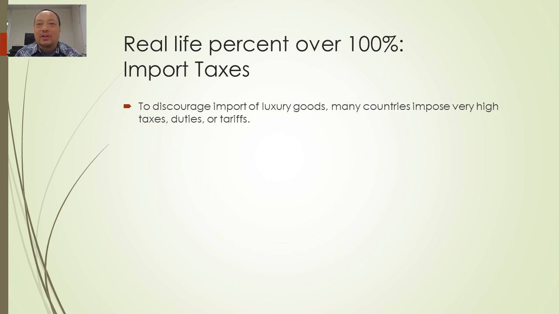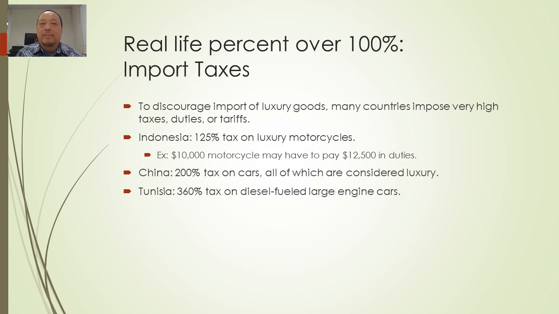They call it a tax, they call it duties, excise, tariffs, whatever. But at the end of the day, it's money that you have to pay the government to import luxury goods. And there are many countries where the percent you have to pay is higher than 100% of the value of the item.